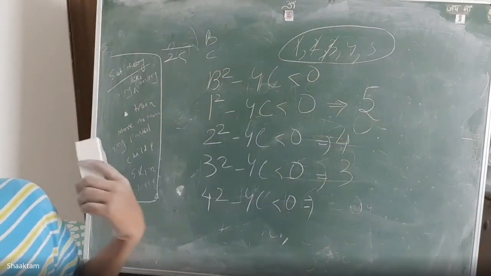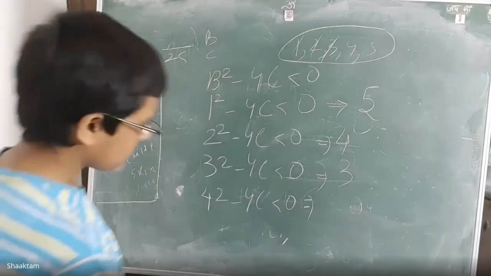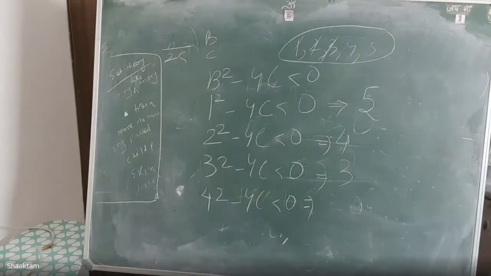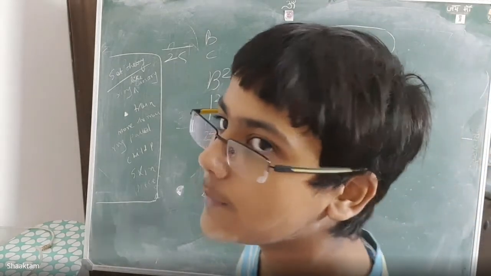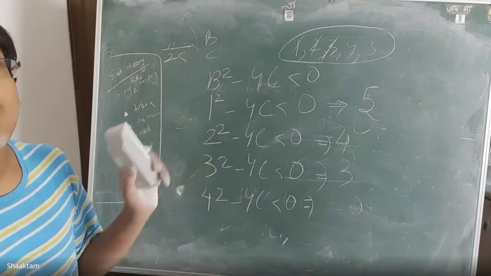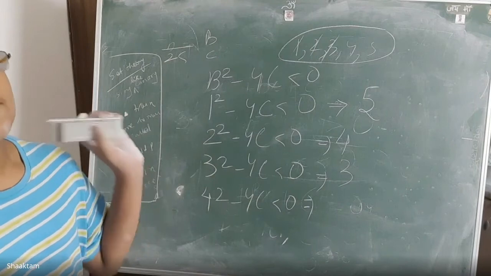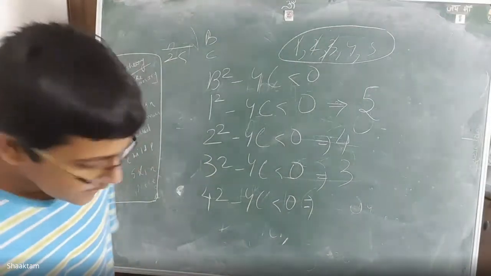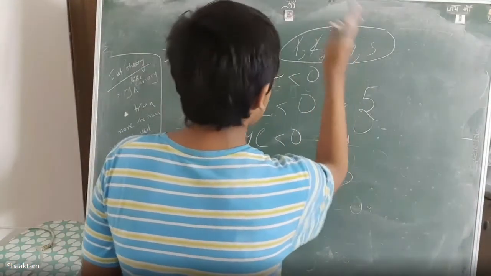And neither will 4 apply, because 4 square minus 4 into 4 will be 0, and 0 is not something I want. I want negativity, period. So only 5 can be the value of C.